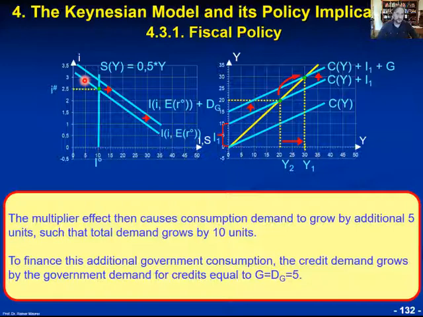As a result, this could cause a similar crowding out effect as under the assumptions of the neoclassical model.